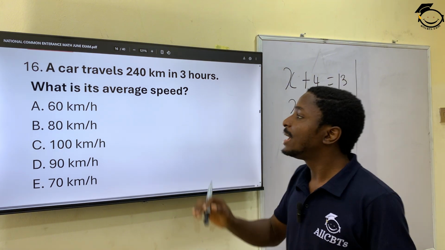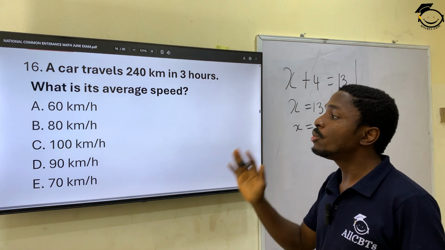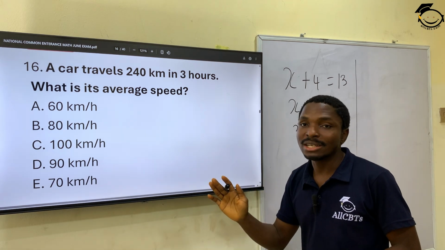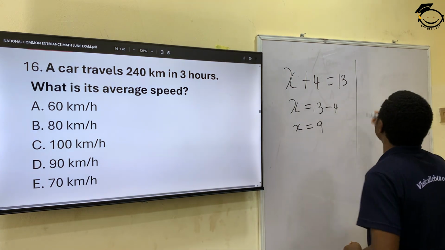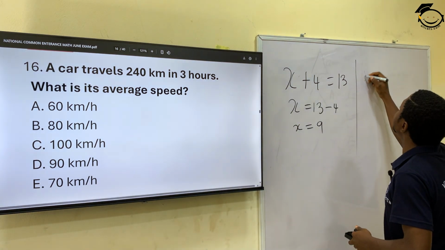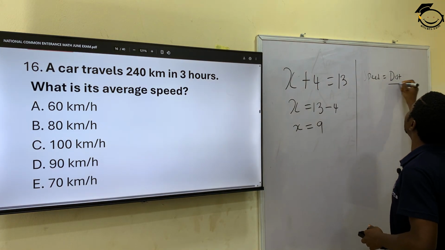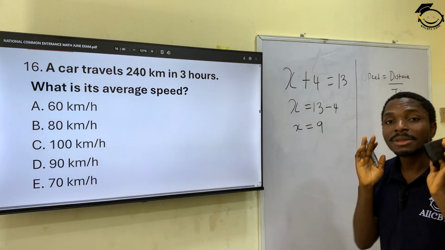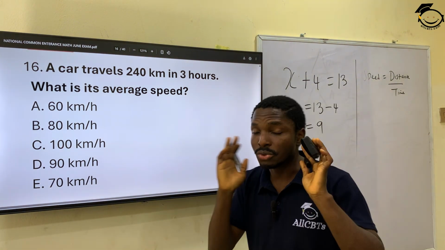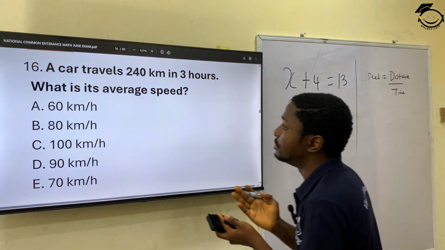Question 16. A car travels 240 km in 3 hours. What is its average speed? What's the formula for calculating average speed? Speed equals distance over time. Once you know the formula, finding the answer is very easy.